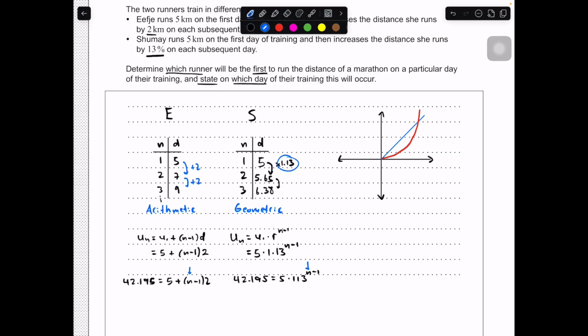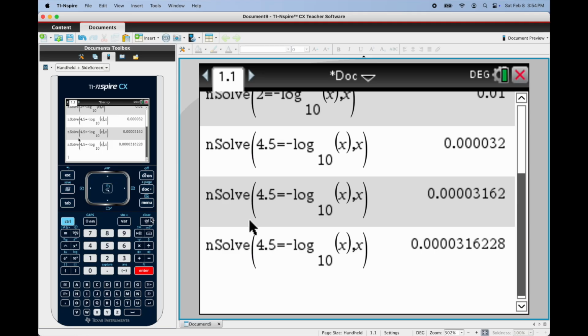If we put in certain values of n, what is the value of n that will turn this into this, essentially? So we've got two equations. We can solve for n, that is to say, find how long it will take each of them to reach 42.195 kilometers, and then we can see who gets there the quickest, or the soonest.